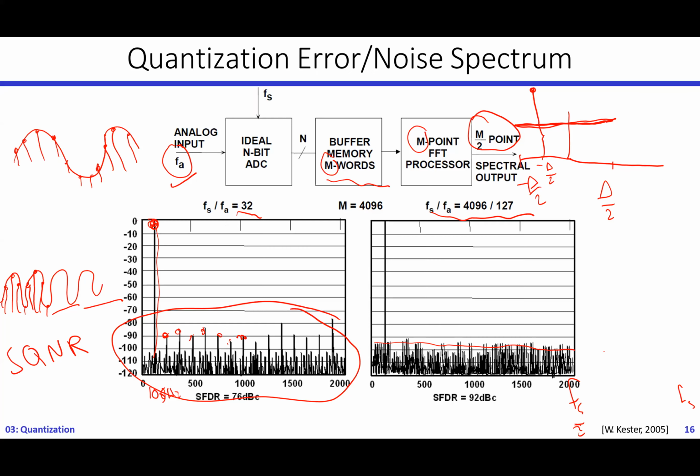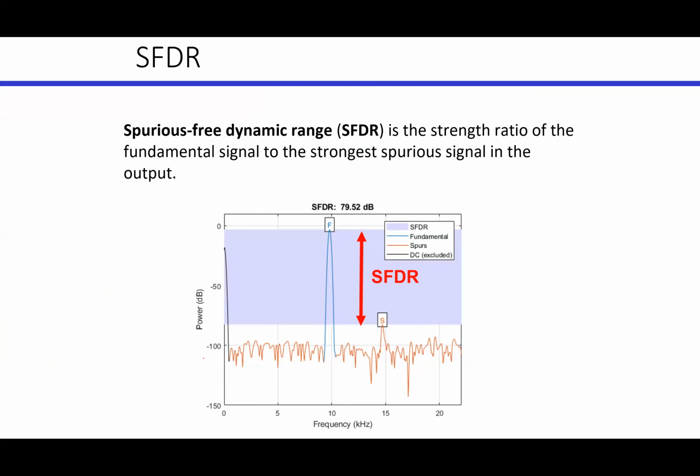Okay, now there is another performance metric, other than the SQNR, called SFDR. SFDR is Spurious Free Dynamic Range.